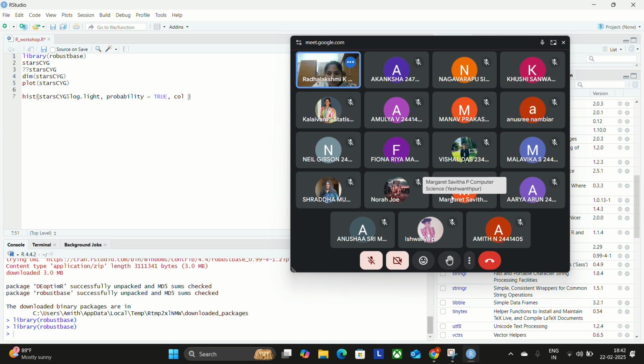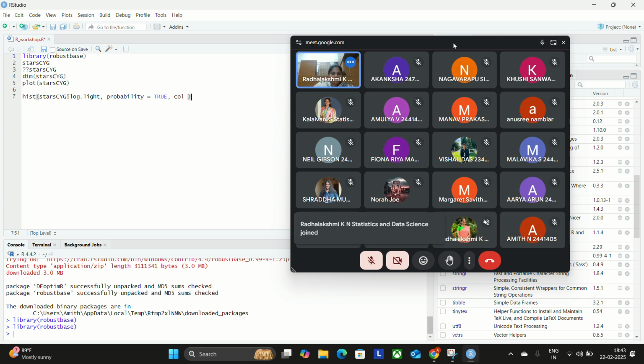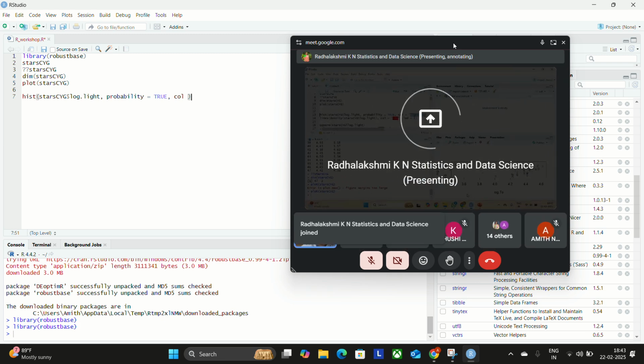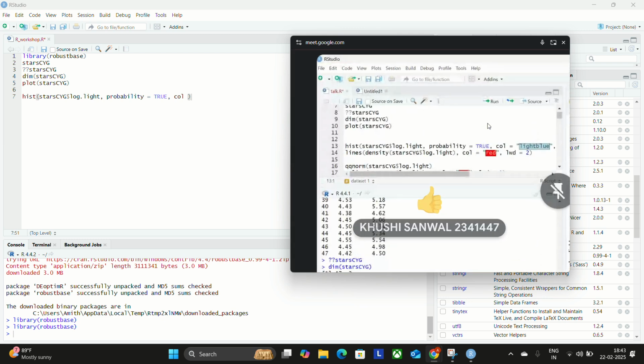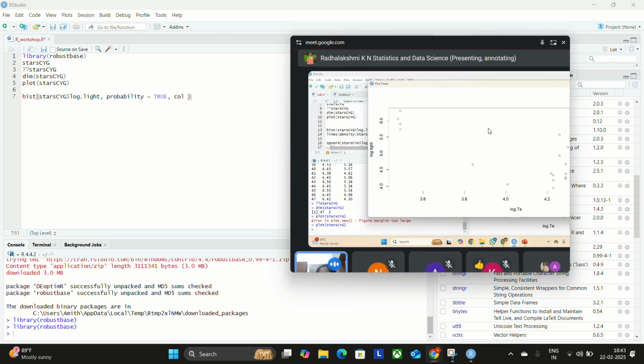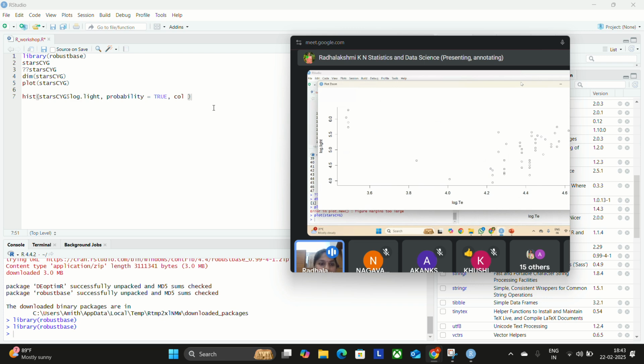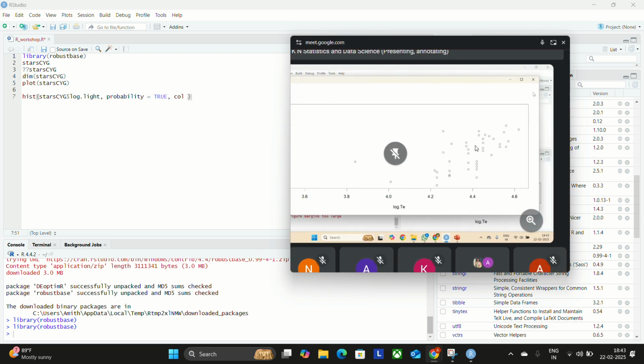Zoom that. Okay, the presentation is not visible. I hope the plot is visible. It was because I had zoomed the R, that's why it did not show. Can you see the plot? I hope you can see it.